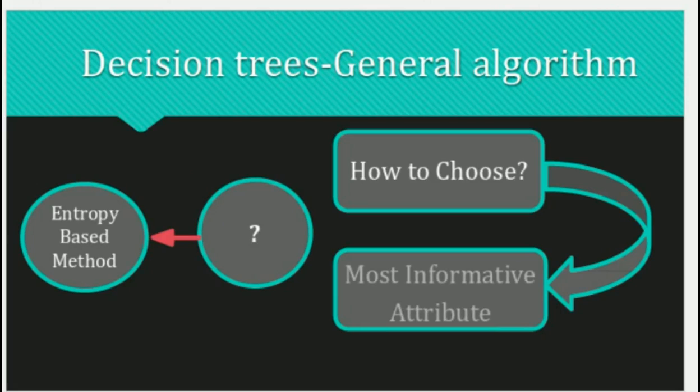To choose the most informative attribute as the root node, one of the best methods is entropy. Entropy is a common option to identify the most informative attribute, which is used by decision tree learning algorithms such as ID3, known as Iterative Dichotomiser, and C4.5.